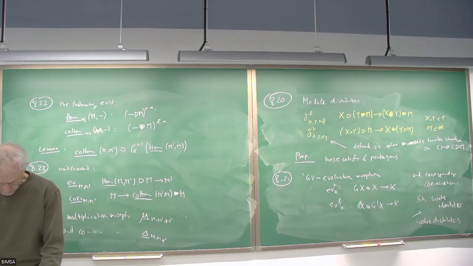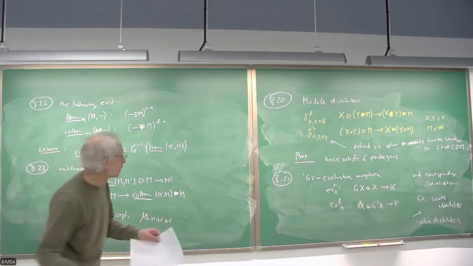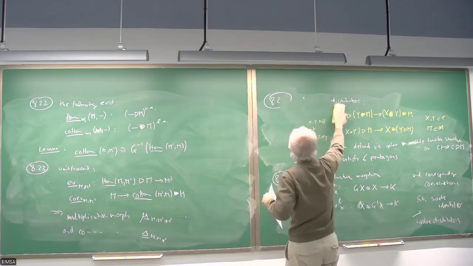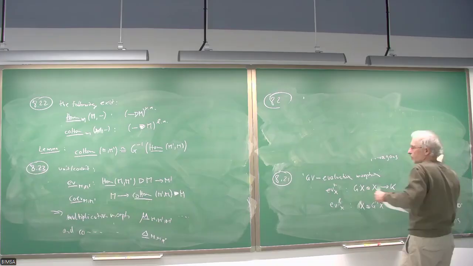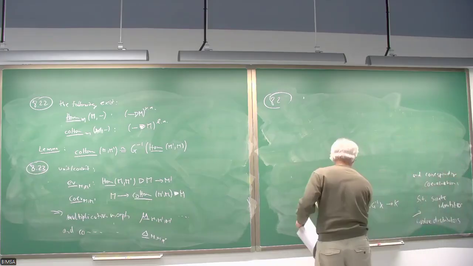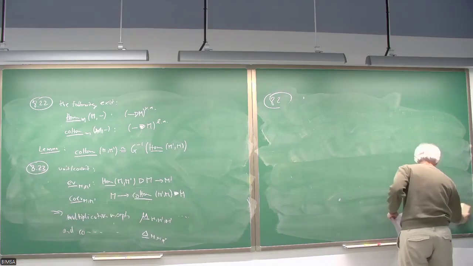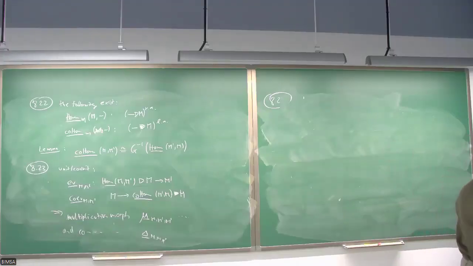Then in particular, this is an important motivation for the definition that will come. If we take M equal to M prime, then we get an algebra, respectively coalgebra structure.